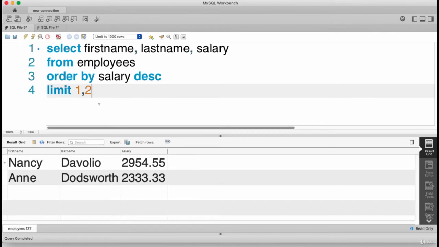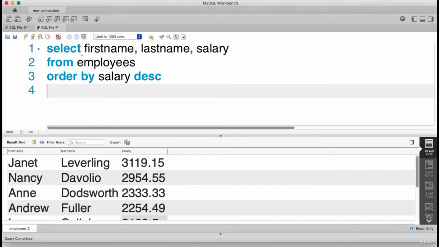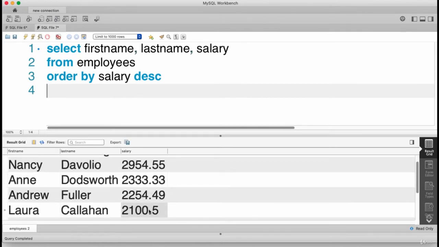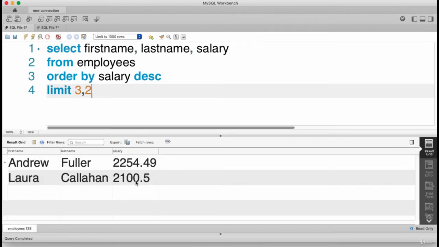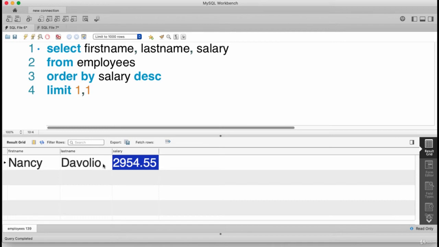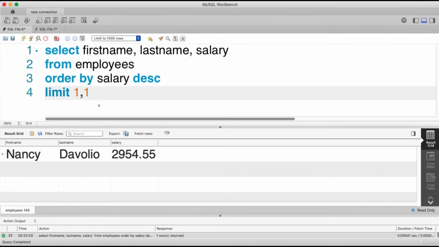If I'm neglecting the first three, then after neglecting the first three, I should pick the next two. See? Andrew and Laura. But the question only asks us to do what? The second on the list, which is this. This can also be expressed as this.